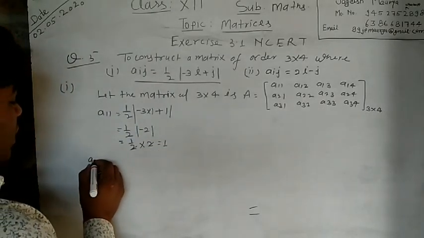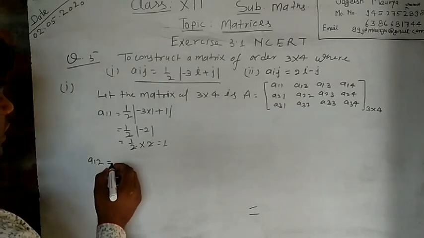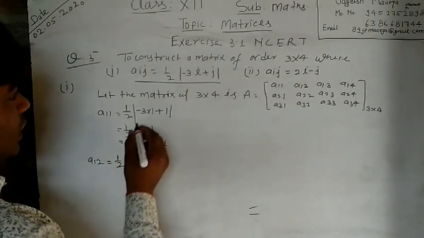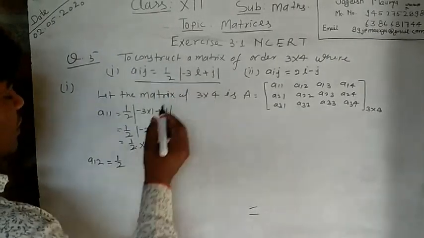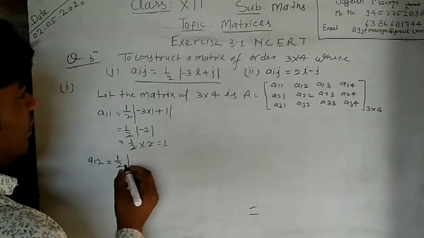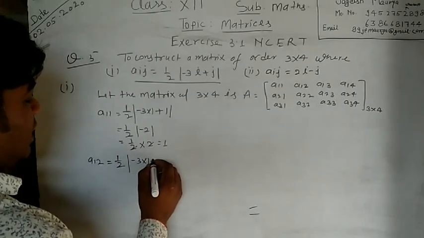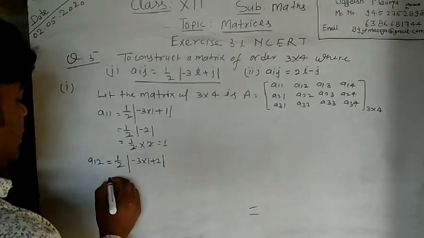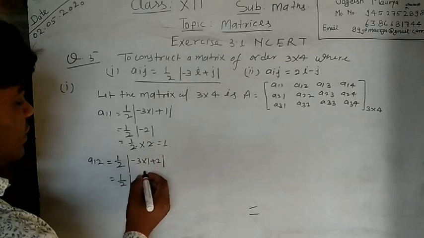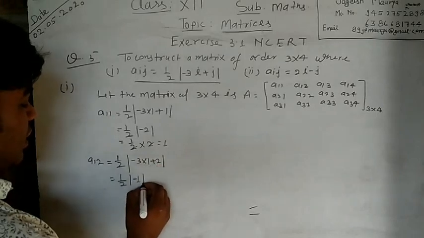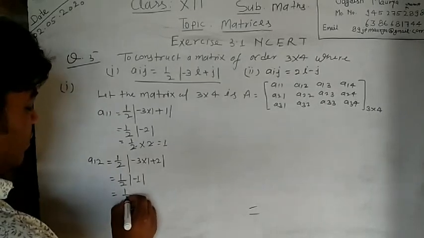Now A12 means 1 by 2, here i equal to 1 and j equal to 2. Mod of minus 3 into 1 plus 2. This will come 1 by 2 mod of minus 3 plus 2, mod minus 1, and mod minus 1 equals 1. This equals 1 by 2.